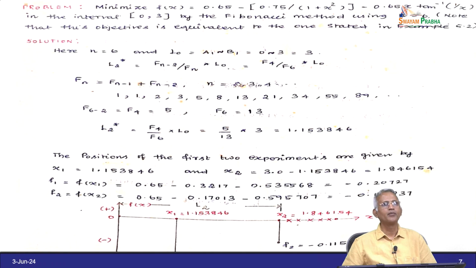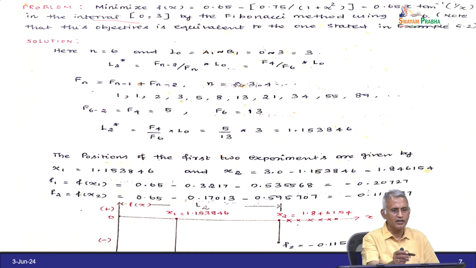Now, we have a problem: minimize f of x equal to 0.65 minus 0.75 by 1 plus x square, minus 0.65 x into tan inverse of 1 by x, in the interval 0 to 3 by the Fibonacci method using n equal to 6.